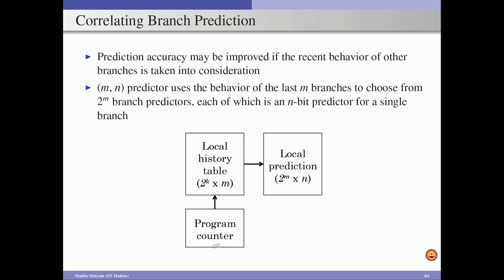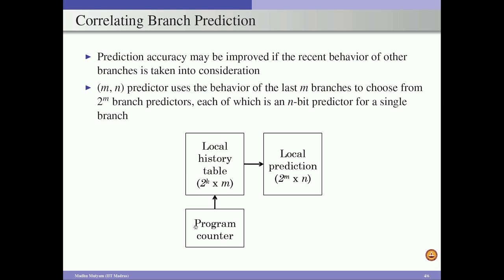Our program counter gives the branch address, and we index some bits of this branch address into this local history table, which takes some k bits of our branch, so that we can index into this 2 power k entry local history table using these k bits.